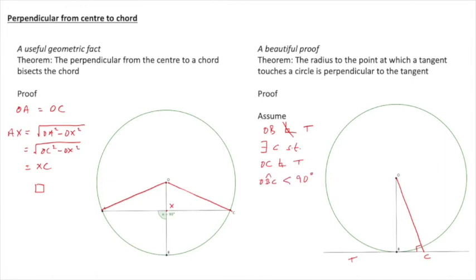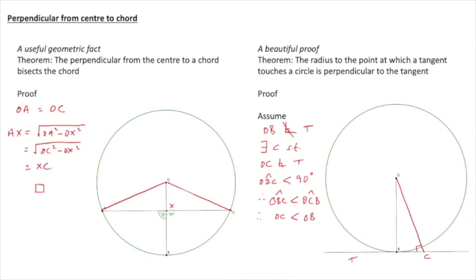Now, OBC in this case therefore has to be less than 90, because you can only have one 90-degree angle in a triangle, in the triangle OBC. So that means the angle at B must be less than 90, and that means the angle at B is less than the angle at C, because we know from what we've said that the angle at C is 90, and that means the length OC has to be less than the length OB, because it's opposite a smaller angle.